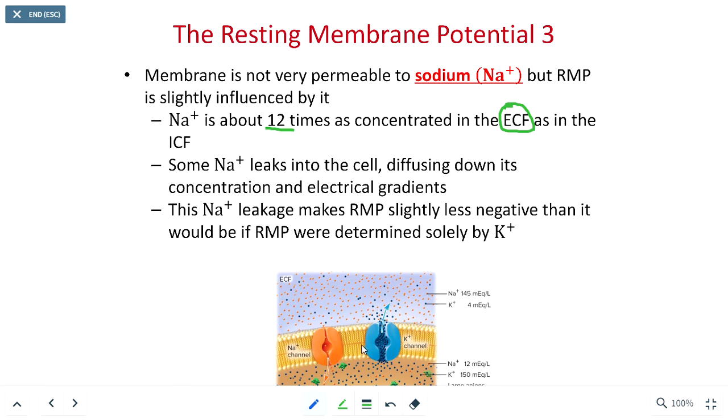This means that instead of sodium leaking out like potassium does, sodium has a tendency to leak into the cell. This sodium leaking in is going to make the inside of the cell membrane more positive. Sodium ions have a positive charge, and as we add more positive charges to the inside of the cell, as the sodium moves into the cell, the sodium makes the inside less negative than it would have been otherwise.